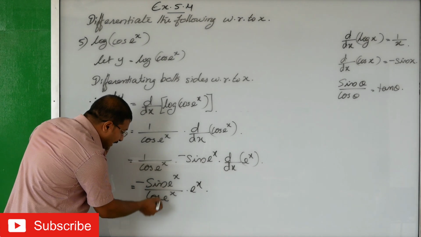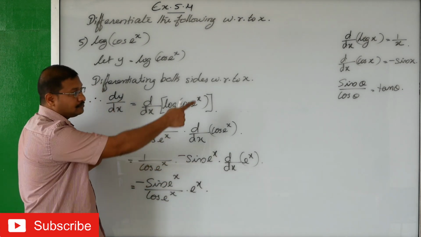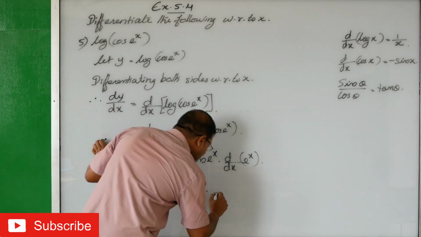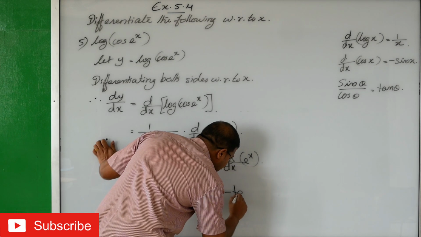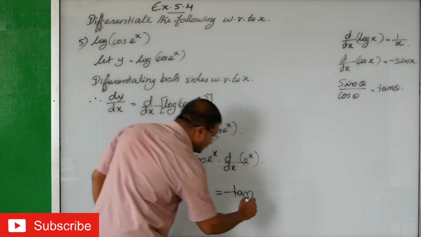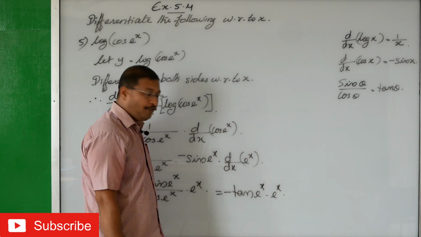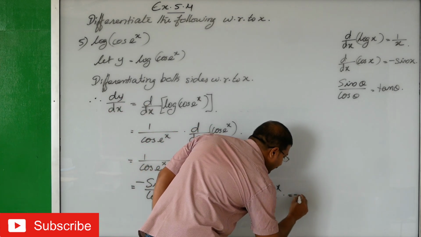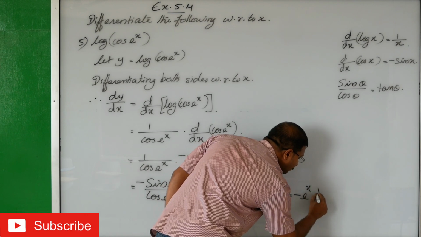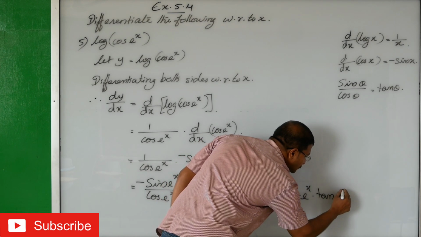Ready? But we know that sin theta by cos theta is tan theta. That means we'll write this equals minus tan e raised to x into e raised to x. Of course, we can write this as minus e raised to x into tan e raised to x.